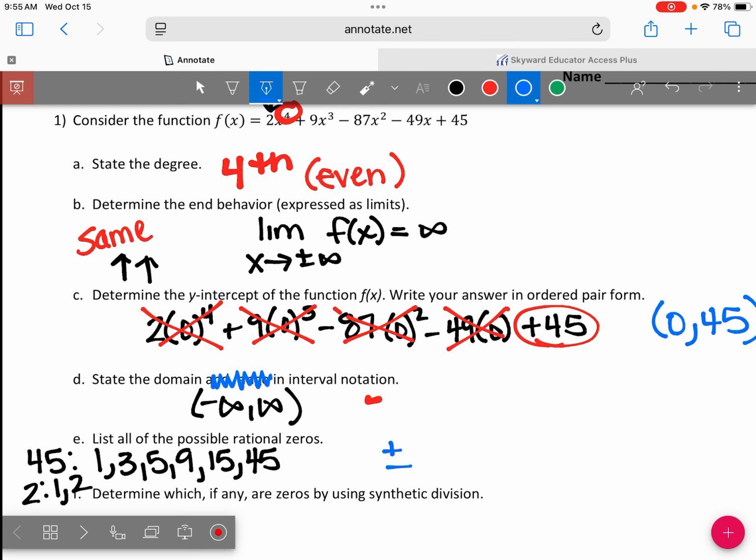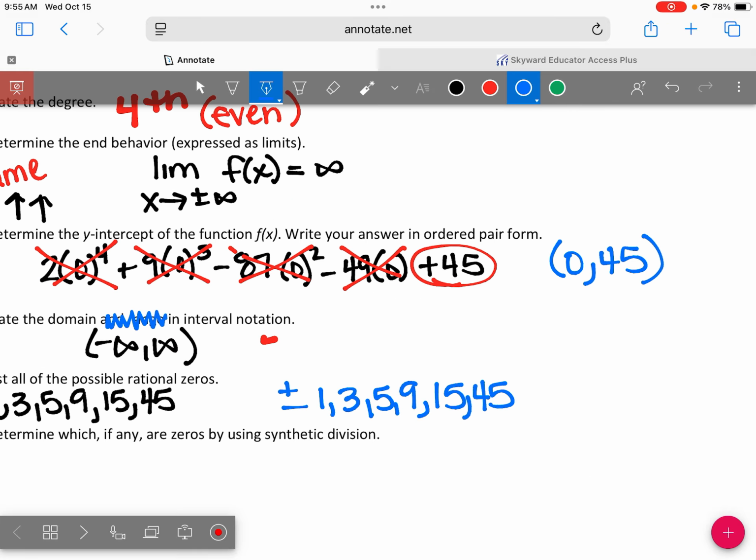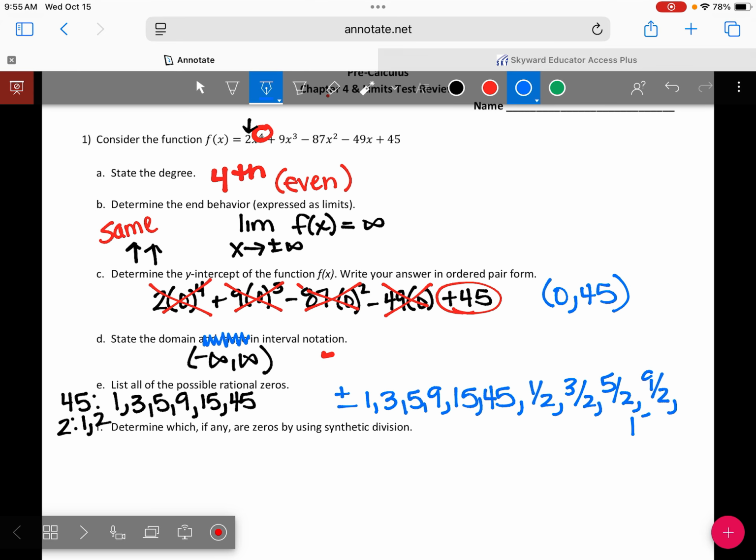Well, we know dividing anything by 1 doesn't change it. So it'll be 1, 3, 5, 9, 15, and 45. Now I need to take all those numbers and divide them by 2. And because they're all odd, that means I just have fractions. So that would be 1/2, 3/2, 5/2, 9/2, 15/2, and 45/2.